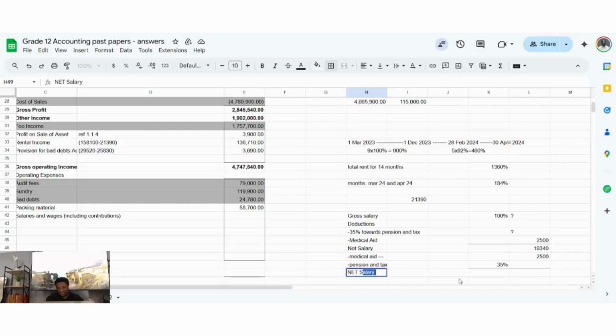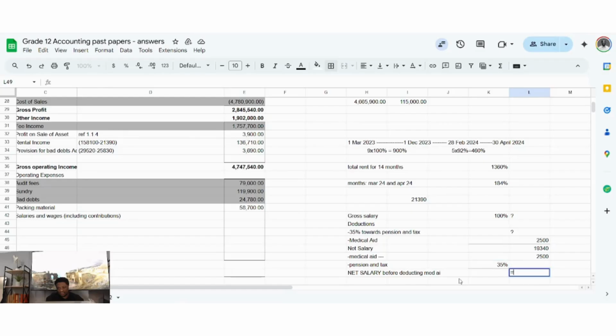So, net salary before deducting medical aid, right? Because we haven't added back the pension and tax because we don't have the value.